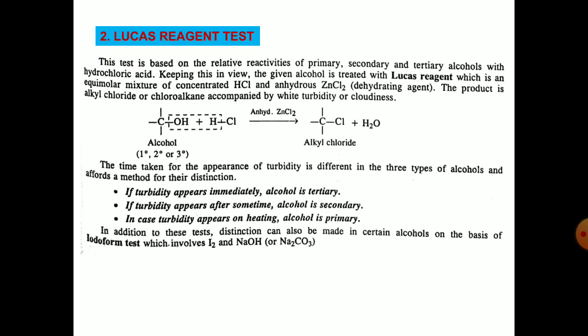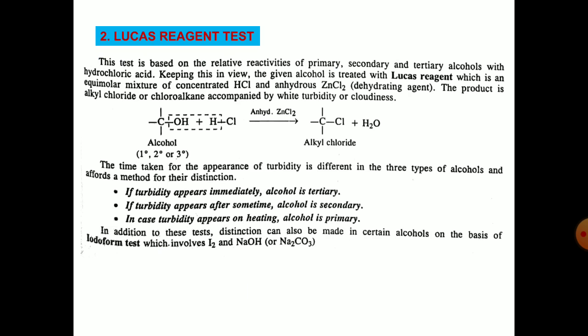If you take three alcohols, primary alcohol in one test tube, secondary alcohol in the second test tube, and tertiary alcohol in a third test tube, and add anhydrous zinc chloride and HCl to each solution, then after you shake it, you will find immediate cloudiness at the neck of the third test tube which contains tertiary alcohol.